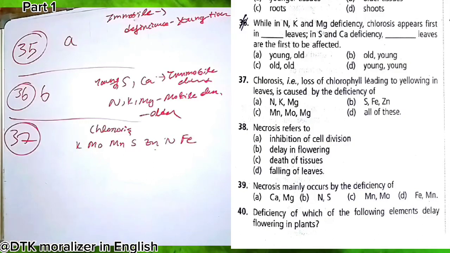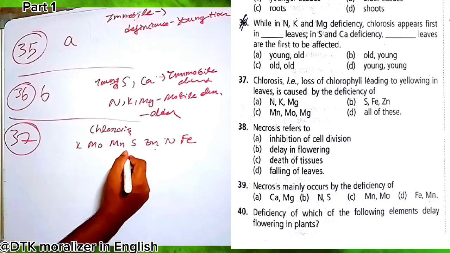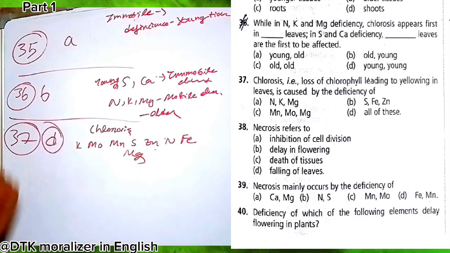These elements are the cause for chlorosis. So here magnesium also. So option D, all of these.